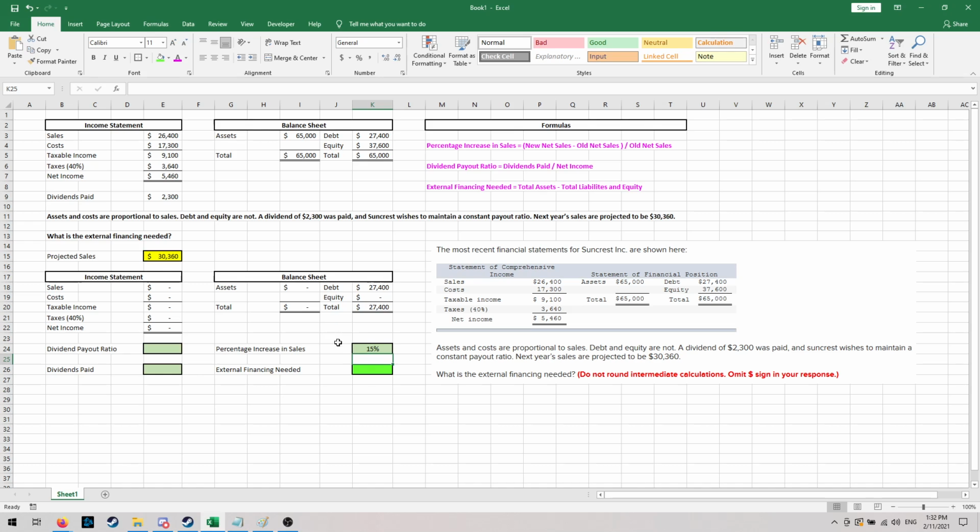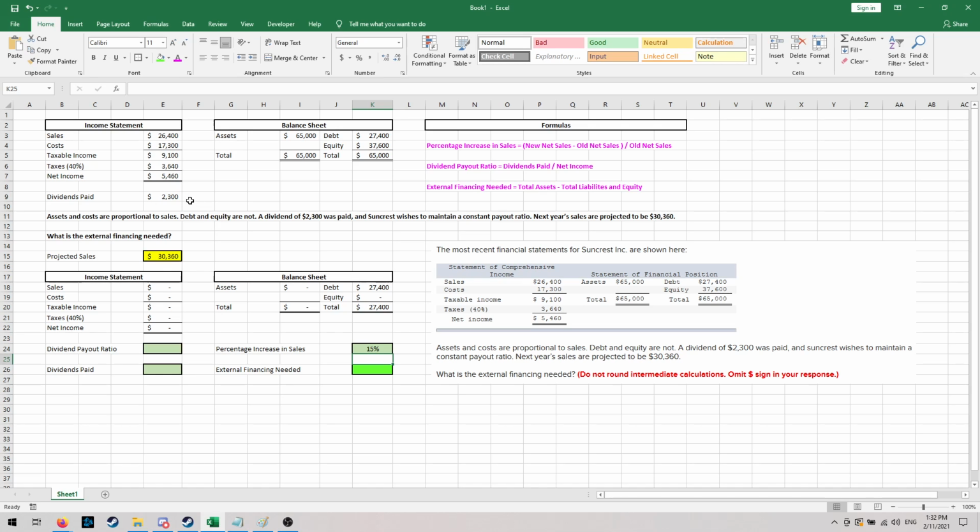So the next thing to do is find out of our total net income, what percentage of our net income did we pay as dividends to our stockholders? After all of our costs and taxes, we had $5,400 left, and we paid out $2,300 of it to our shareholders. And what percentage of $5,400 is $2,300?